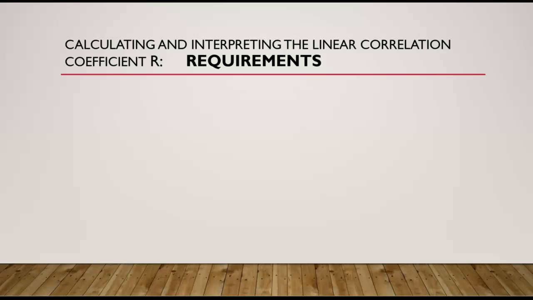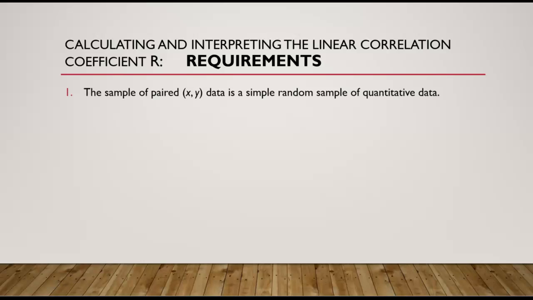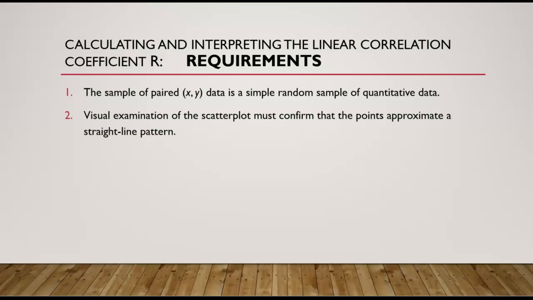should be satisfied when using the sample paired data to make a conclusion about linear correlation in the corresponding population of paired data. The first requirement is that the sample of paired x,y data is a simple random sample of quantitative data. Second requirement, visual examination of the scatterplot must confirm that the points approximate a straight line pattern.